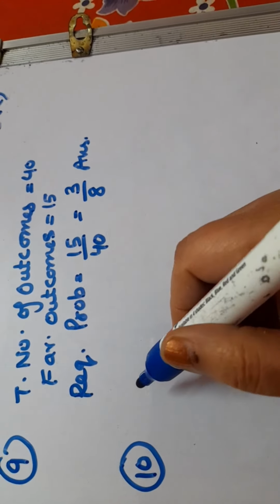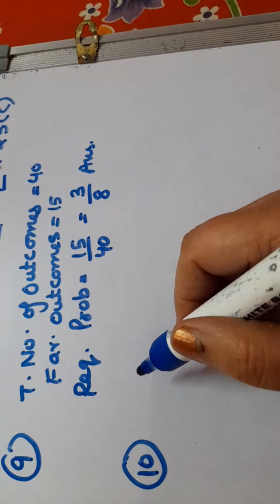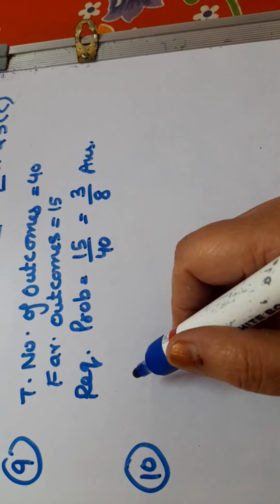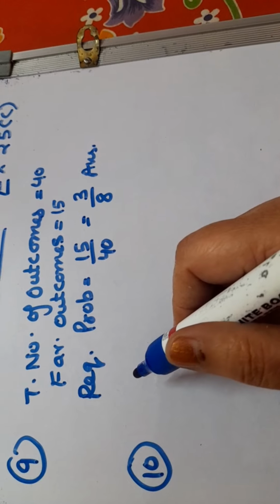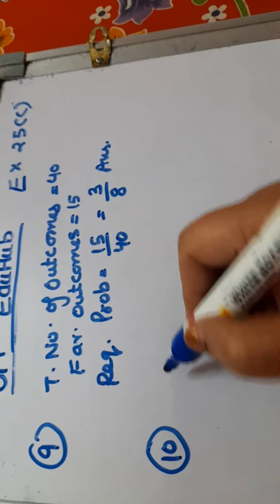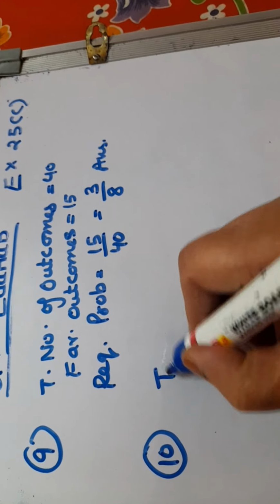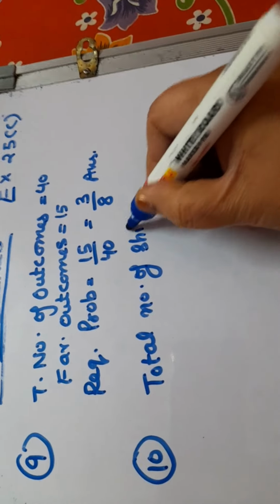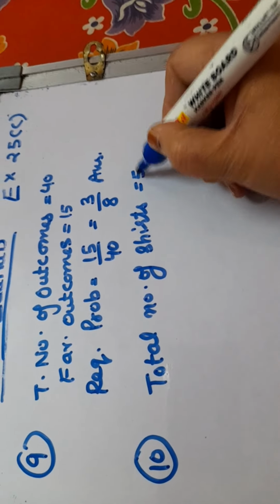In a bundle of 50 shirts, 44 shirts are good, 4 have minor defects and 2 have major defects. What is the probability that it is acceptable to a trader who accepts only a good shirt? So first of all, we will write the data. Total number of shirts is 50.